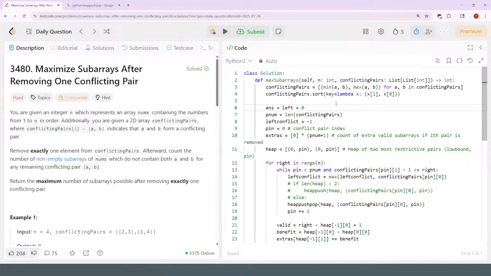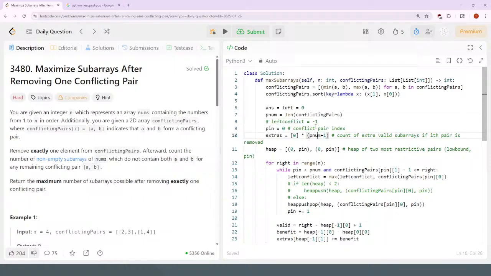Solution is a solution for hards. Am I fine with this? So I have my conflicting pairs. I go through. I guess I don't need left conflict anymore. Do I need left conflict? Yeah, I don't need this anymore.